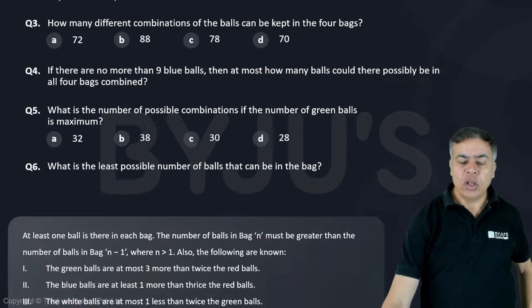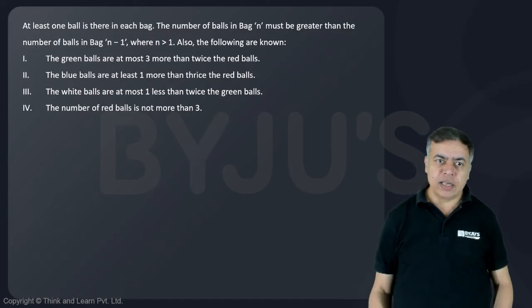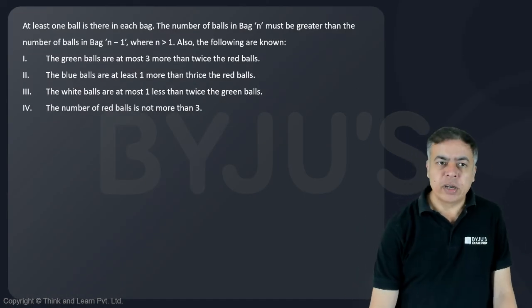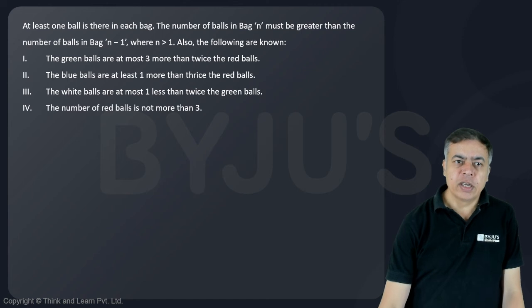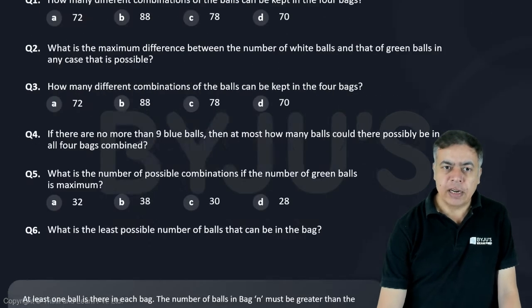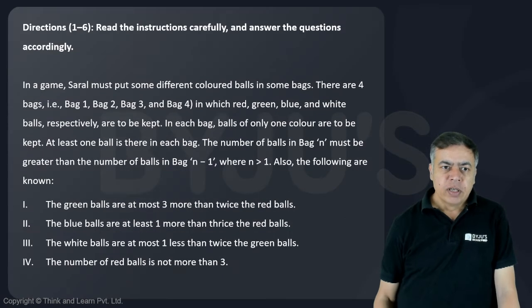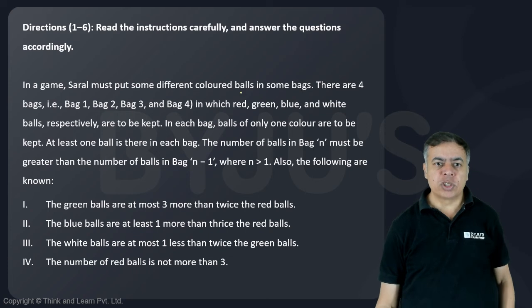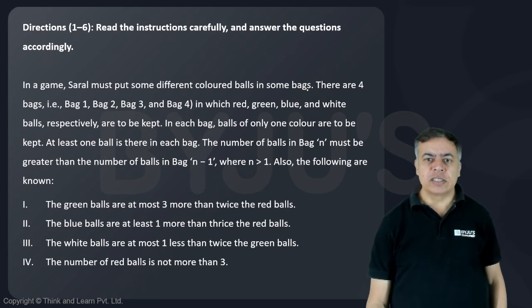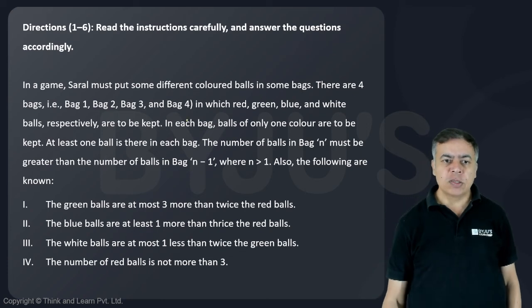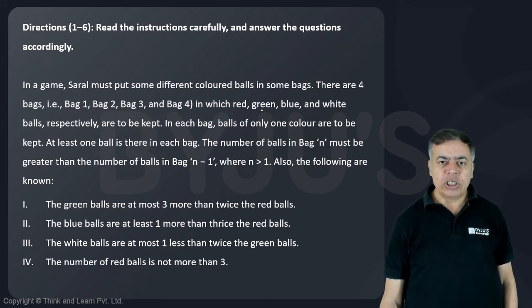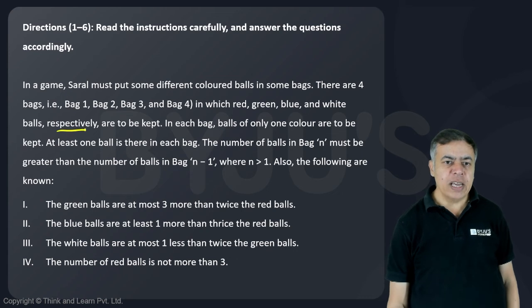Okay, so here let's say I've written the important thing here, right? One thing that was given in the direction, you can see here that there are 4 bags. So Saral must put some different color balls in some bags. So there are 4 bags, 1, 2, 3, 4, in which red, green, blue, white balls respectively are kept.